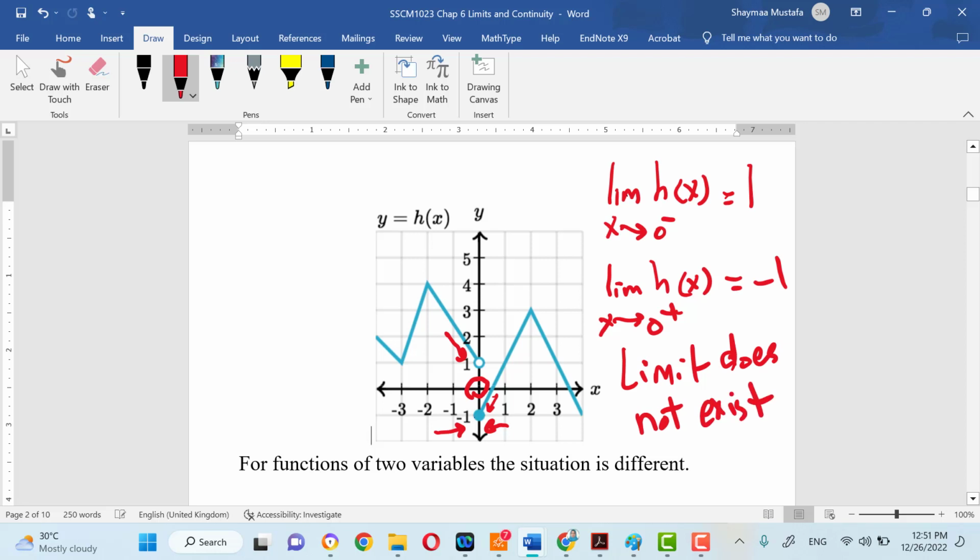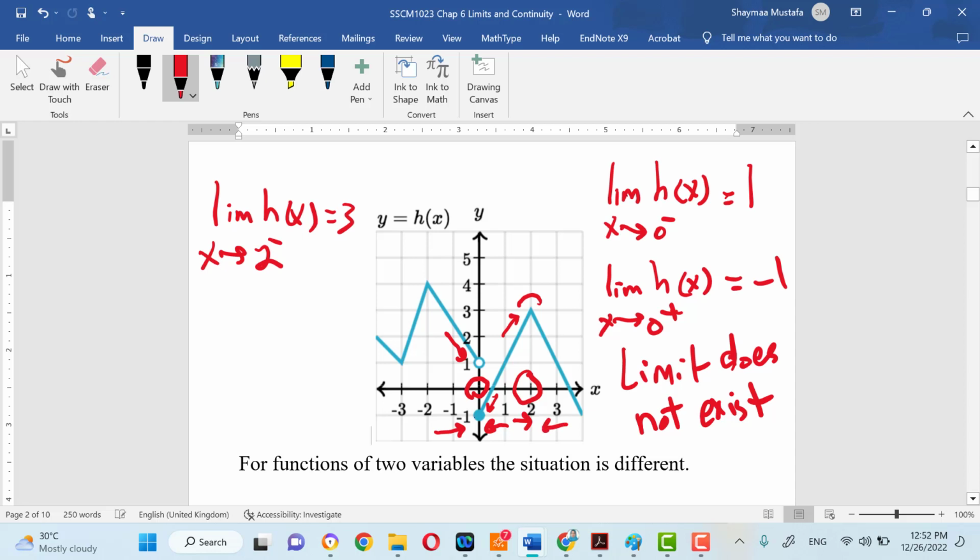Now if you look at another point, for example x equal to 2, if I calculate the limit of h of x when x goes to 2 from the left first, then the function goes to 3.